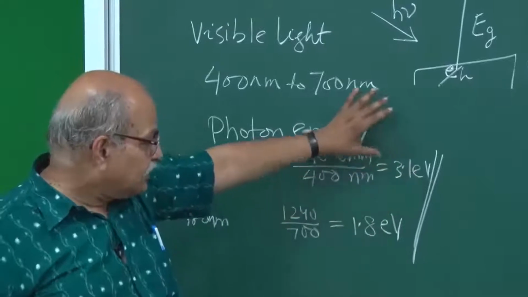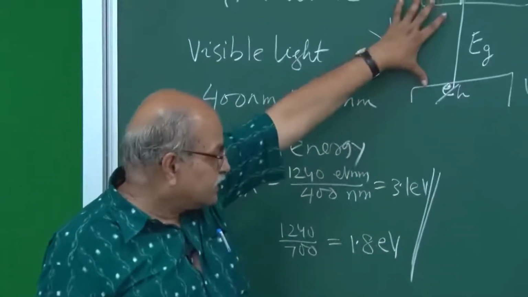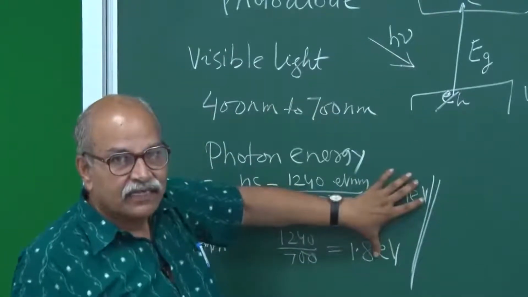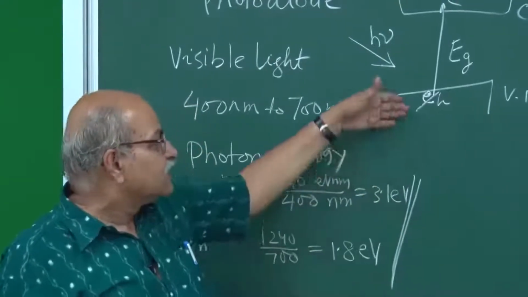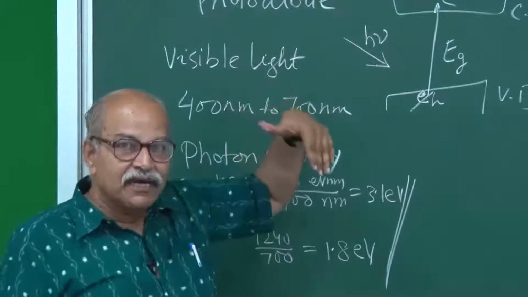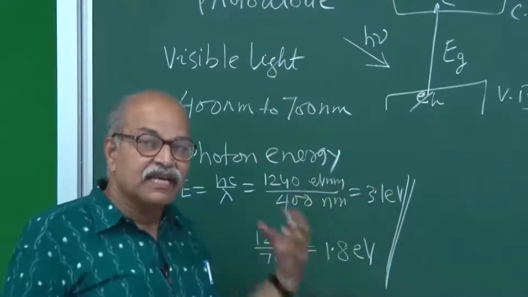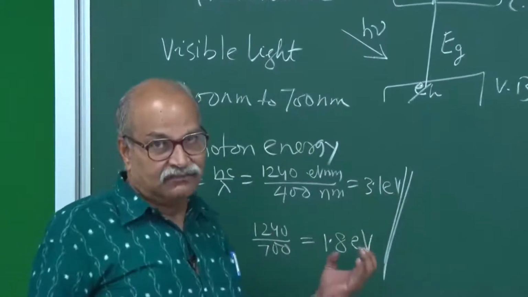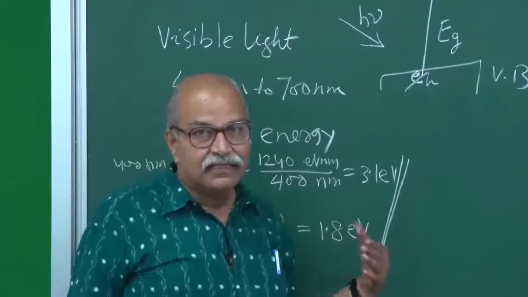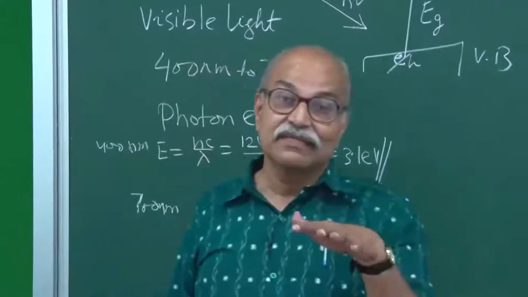So, if the band gap is less than this, and if momentum conservation and everything else is satisfied, then yes, there is a chance. So, photodetectors are made with this idea, or if it is to be used in this fashion, we call it photodetector, and then light has to reach this depletion region.